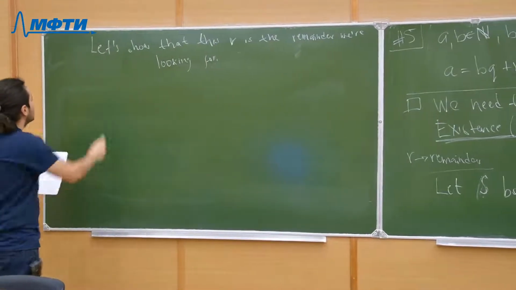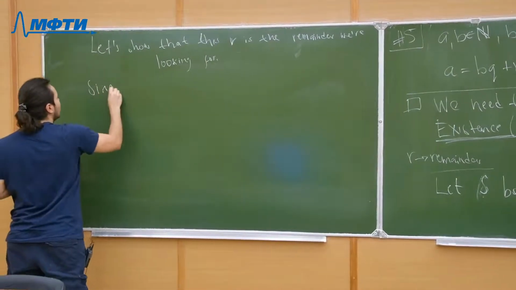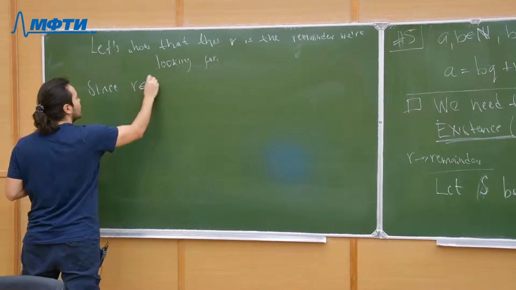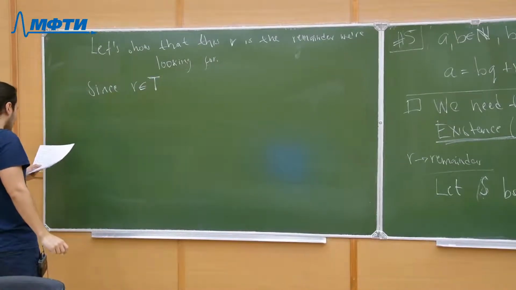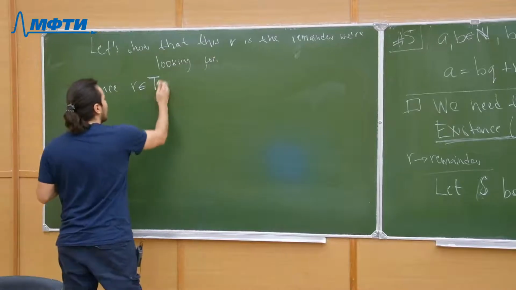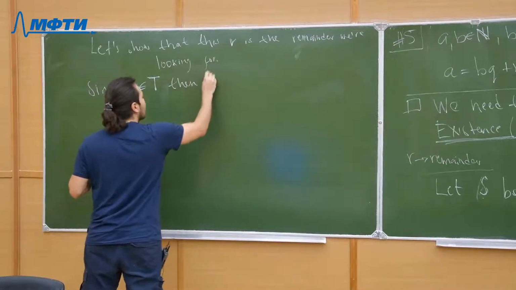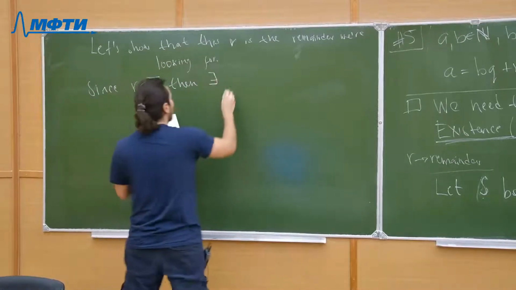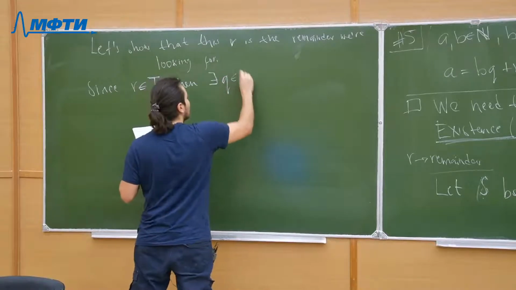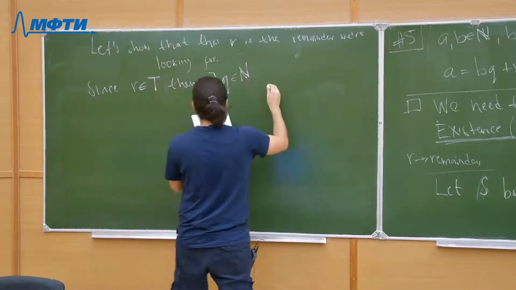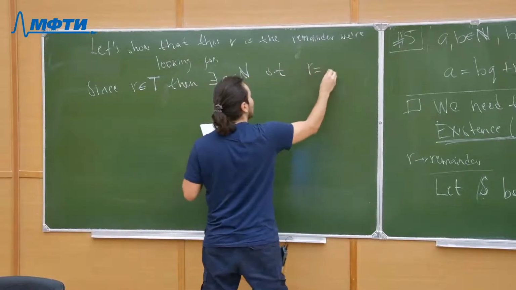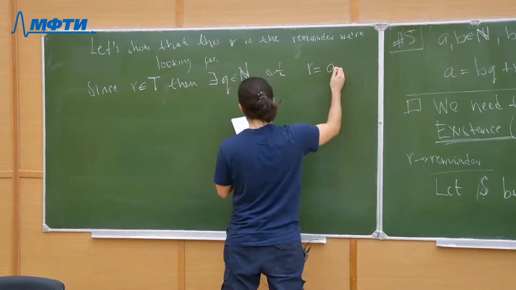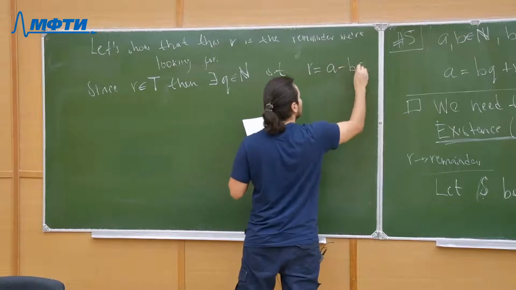Okay, so since R belongs to T, so R is an element of T, then there exists Q natural such that R is equal to A minus BQ.